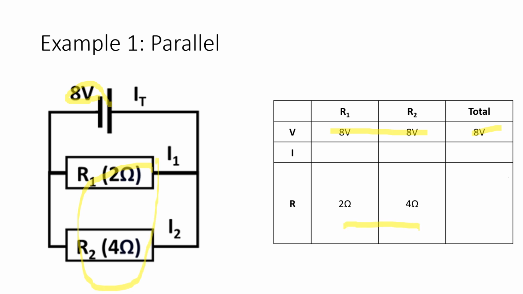Based on that, you use your parallel formula to get the total resistance. Then we know that V equals IR, so with V and R, go and find the I. V equals IR, go and find all the I's. With that, we are done with the parallel arrangement.